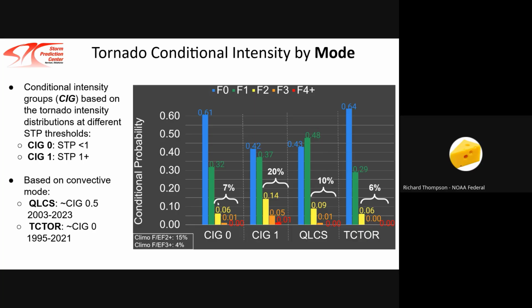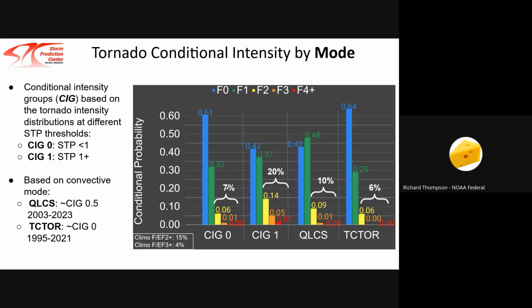This conditional intensity group 0 and 1 are the same as you had on the other plot, but here we just show what it looks like when the storm mode is just QLCS or it's tornadoes just with tropical cyclones. You can see that the TC tornadoes actually kind of look like the no hatched environment. The QLCS tornadoes, and especially if you focus on them in the cool season, are a little higher, but not quite background climatology.